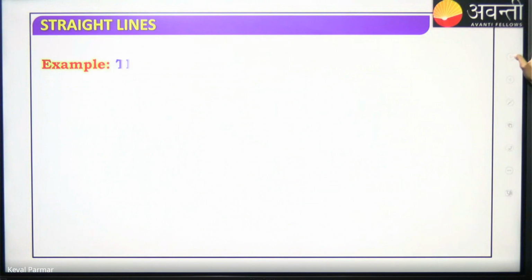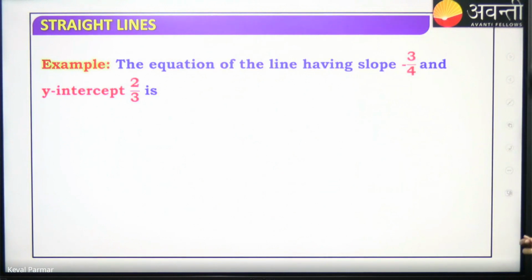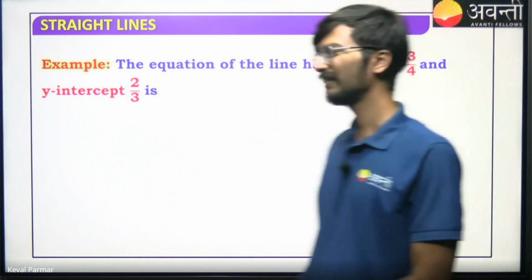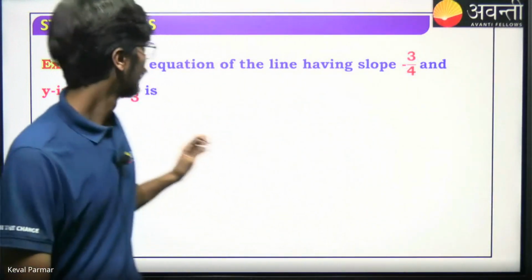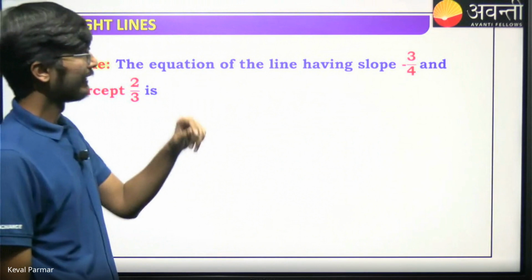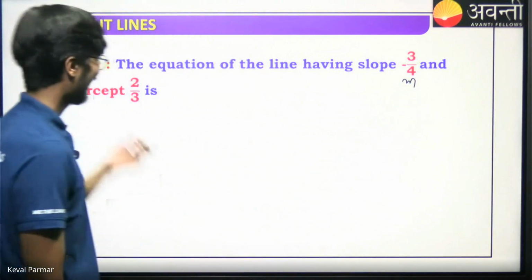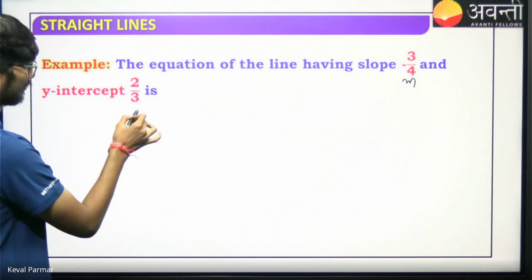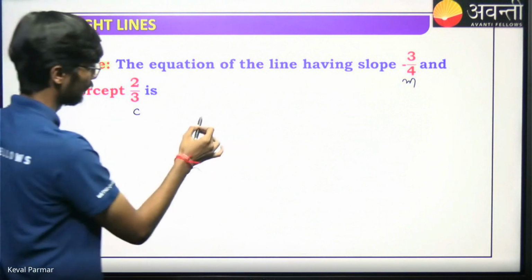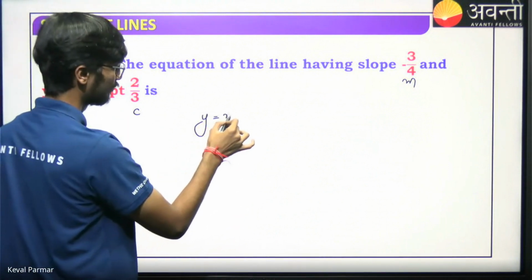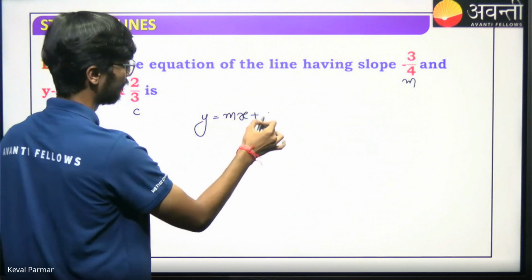Let's see what we have next. A very simple example to get the use of slope intercept form. Here the example says the equation of line having slope, this is the value of m, and y-intercept, this is the value of c. What is the slope intercept form, guys? y equals mx plus c.